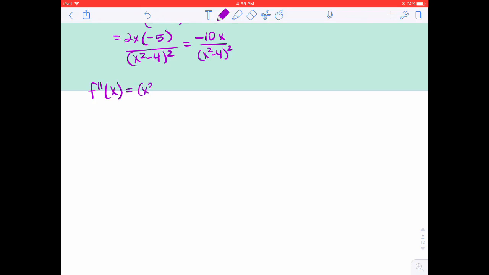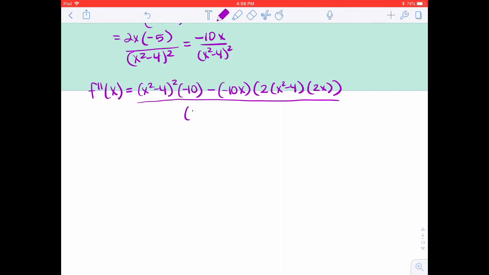So x squared minus 4 squared times negative 10 minus negative 10x times 2 times x squared minus 4, all of this over x squared minus 4 squared to the 4th.